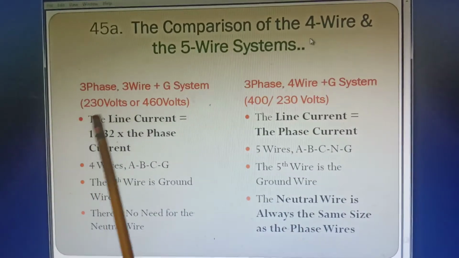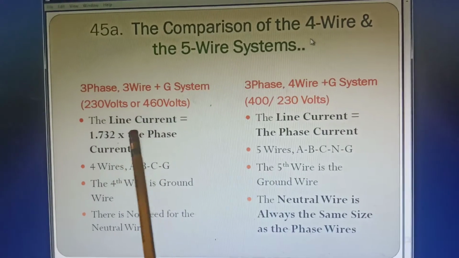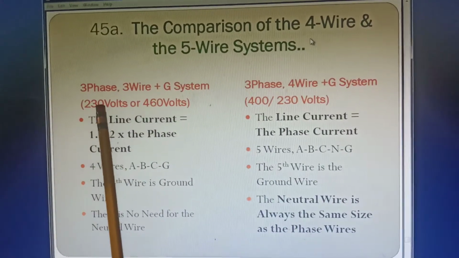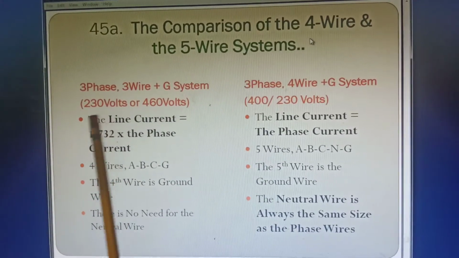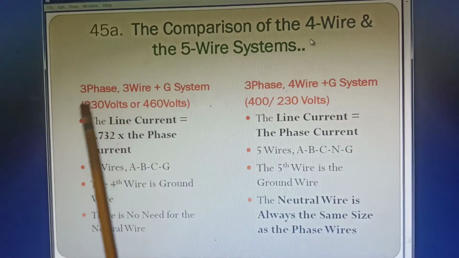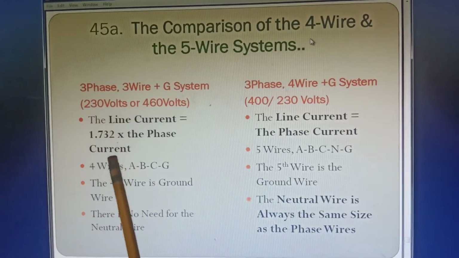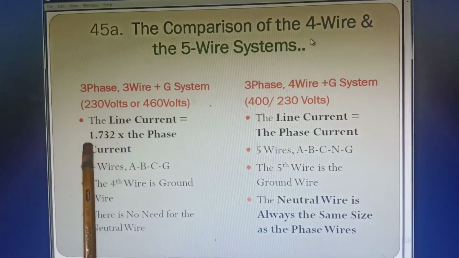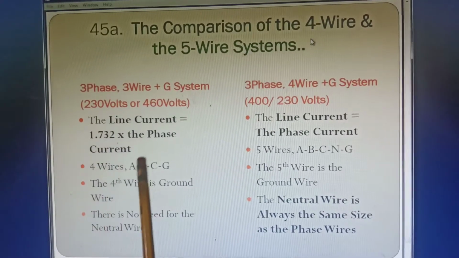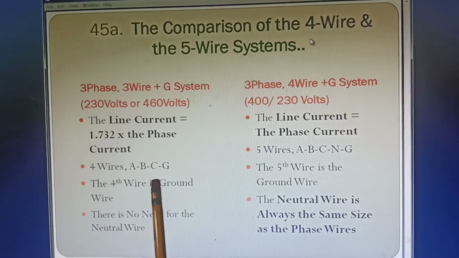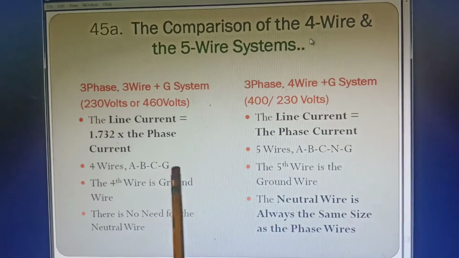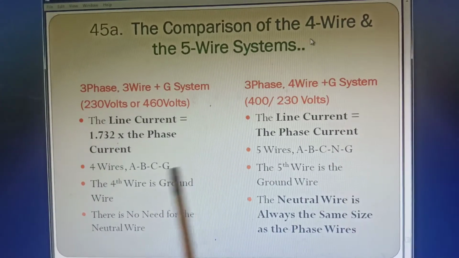In the 3-phase 3-wire system, you only have 230 volts for the line to line voltage. The line to neutral voltage is not present because you only have 3 phase lines, and no neutral line. Of course, both of these two systems have a ground, which is standard.